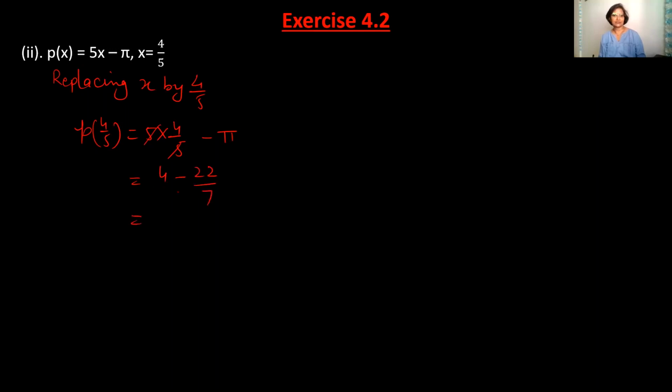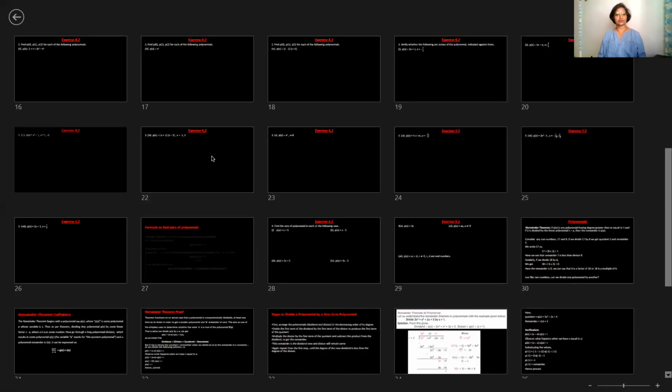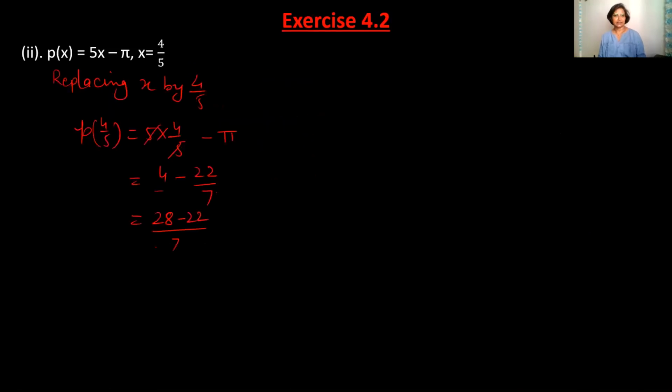So this is not equal to zero. Or we can write it this way: 28 minus 22 upon 7. So it will become 6 upon 7, which is not equal to 0. Therefore, 4 by 5 is not a zero of the polynomial.